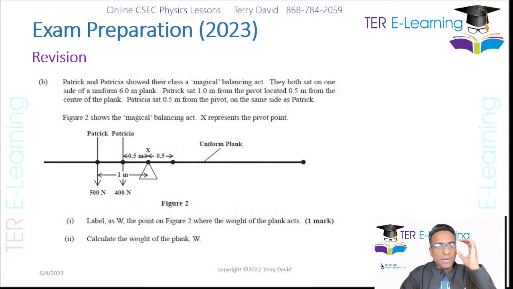Okay, so we have a question based on moments here. So Patrick and Patricia showed their class a magical balancing act. They both sat on one side of a uniform plank, 6 meters long.